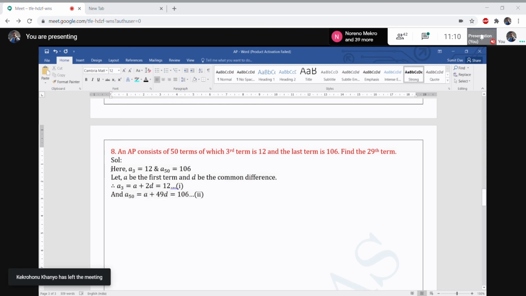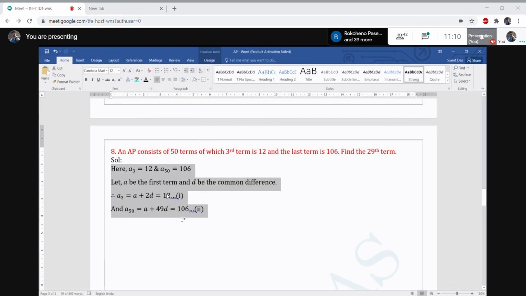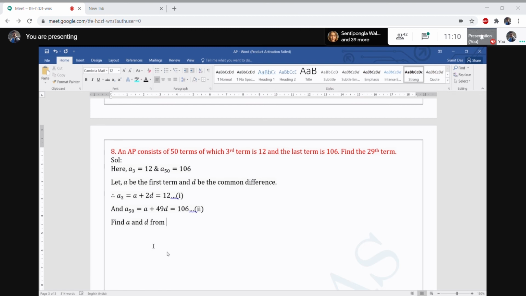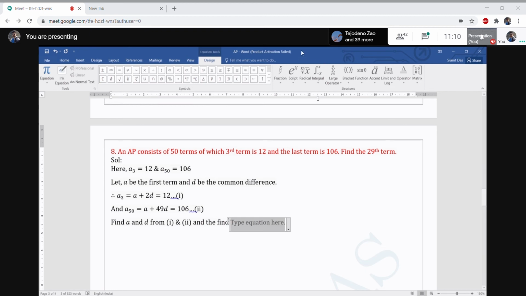So from here also, same as 1 and 2: from 2 you subtract 1 and you will get D, and then if you put D in either equation you will get A. Then you have to find A29. Find A and D from 1 and 2, and then find this part.